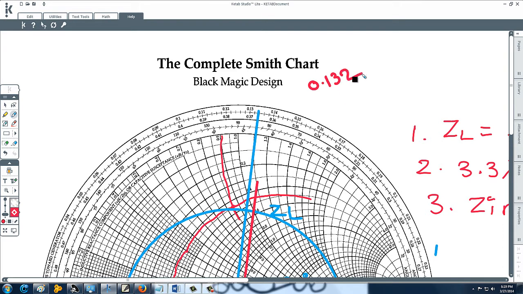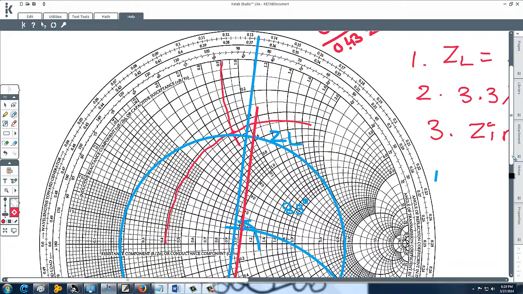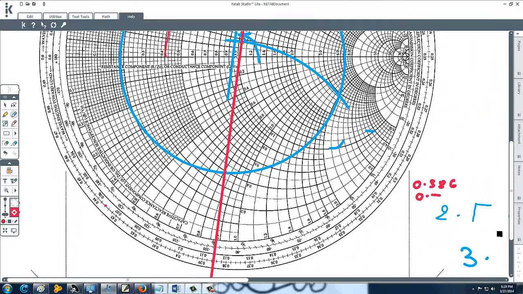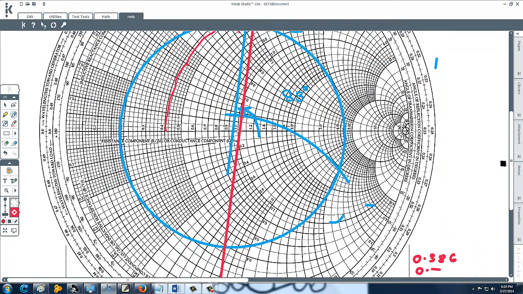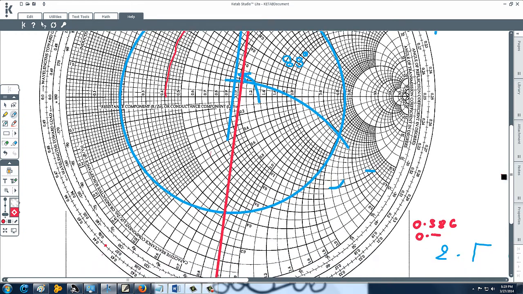If we add this 0.132 to our wavelength, we get the required wavelength, 0.43 moved from ZL to Z in. Some small changes are there that are considerable, but we are not drawing accurately here. We just have to know the concept.